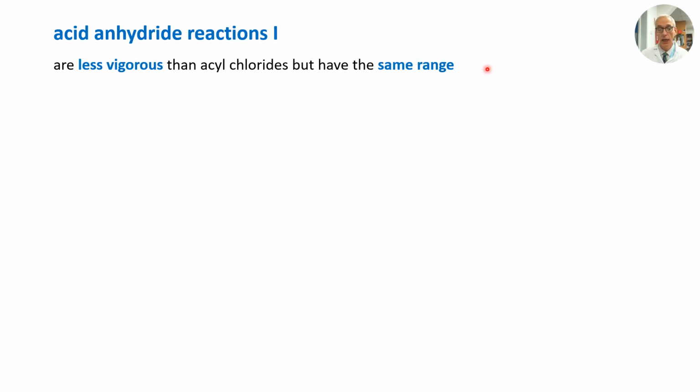So acid anhydrides are less reactive than acyl chlorides, but have similar reactions. For example, acid anhydrides will react with phenols to make an ester and carboxylic acid. And you may have made aspirin through the reaction of ethanoic anhydride and phenol derivatives such as salicylic acid.